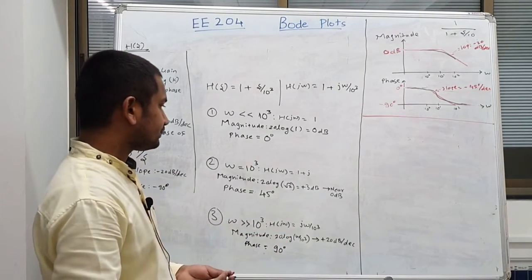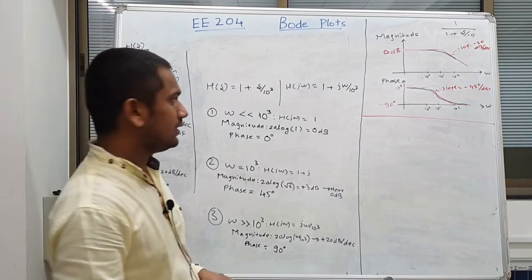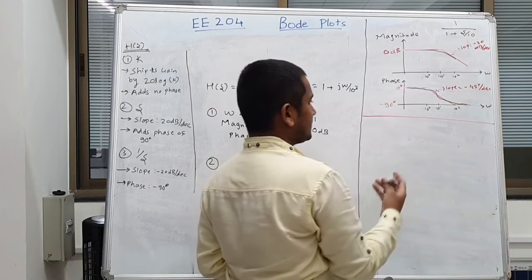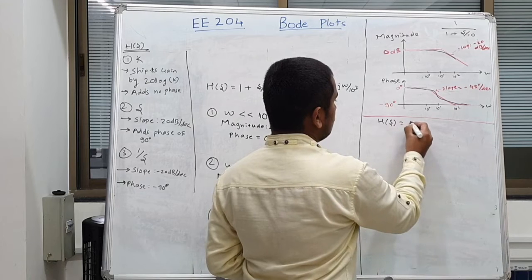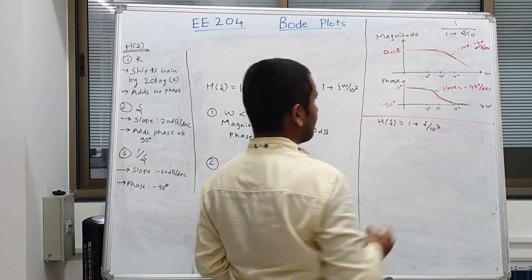Now taking these three calculations further and drawing magnitude and phase plot in the similar fashion, for h of s is equal to 1 plus s by 10 to the power 3.